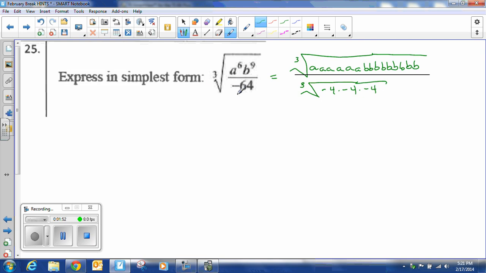Now I chose to use -4 times -4 times -4 because it's already a trio. We could have written this as -2 times -2 times -2 times -2 times -2 times -2. We could have done that. It's really the same thing, except it's less work. And just remember that when you break these guys out, you group them in trios like this.